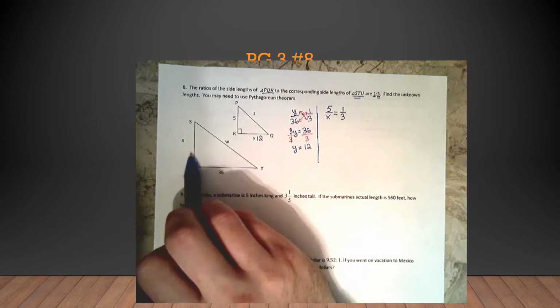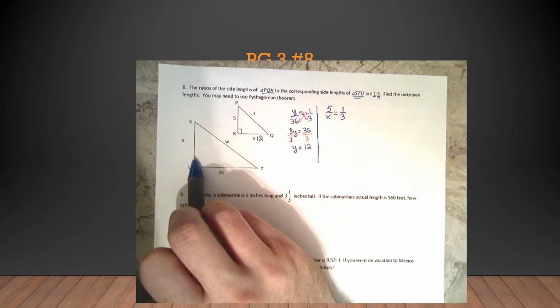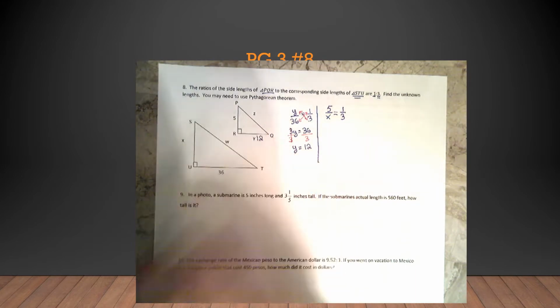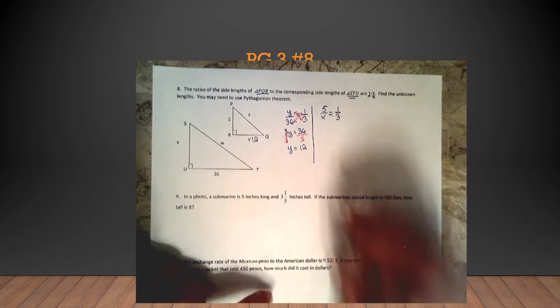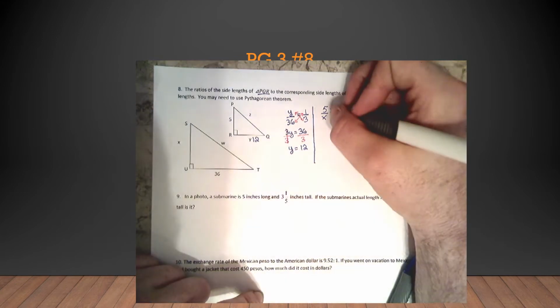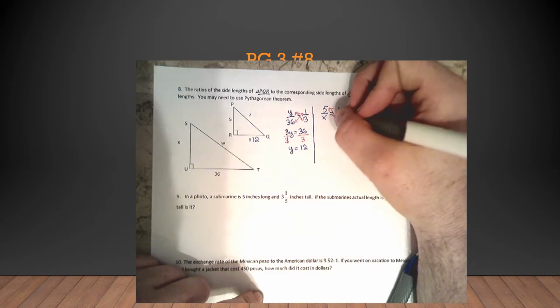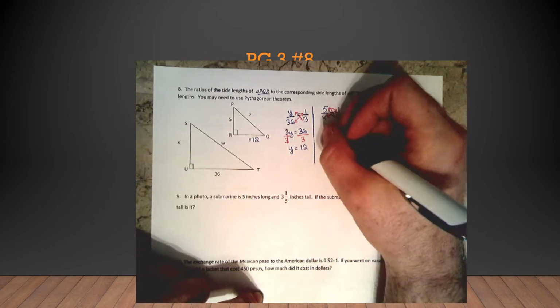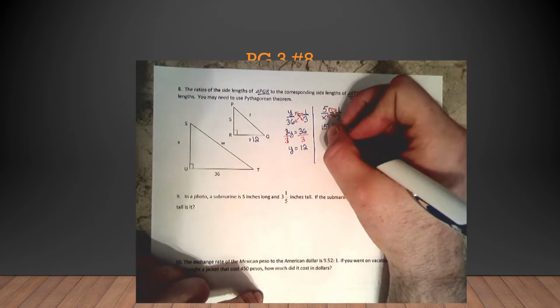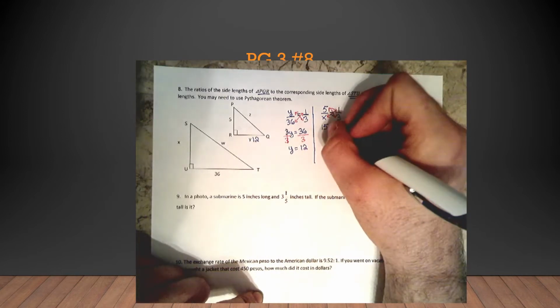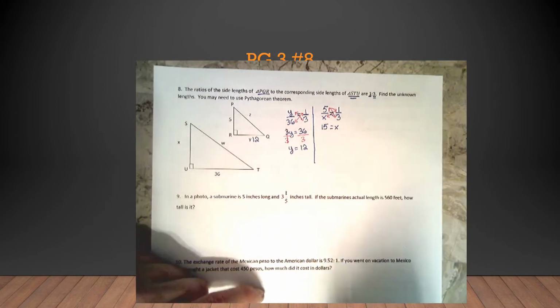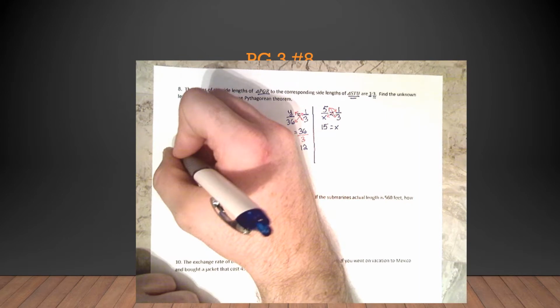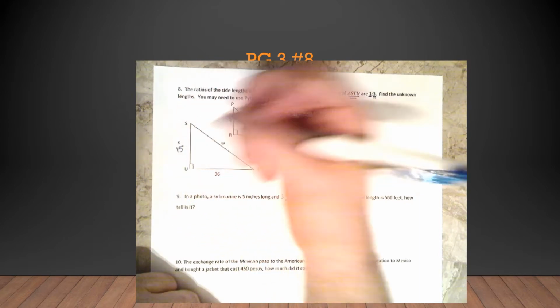In other words, this triangle is 3 times bigger than this triangle. So if I did my cross multiplication, then I would have 15 equals X. So X would be equal to 15.